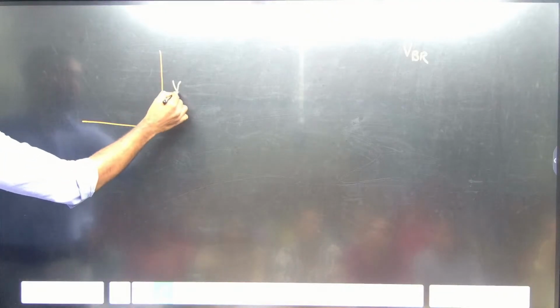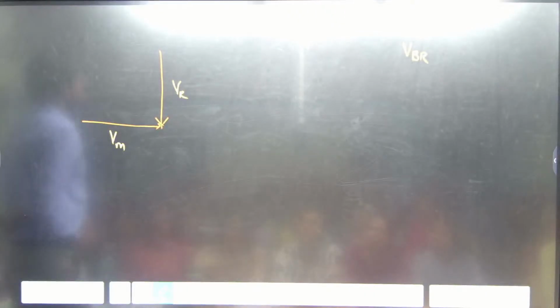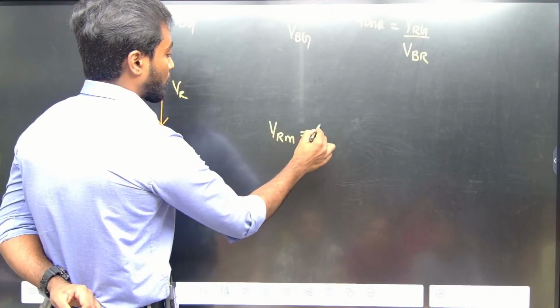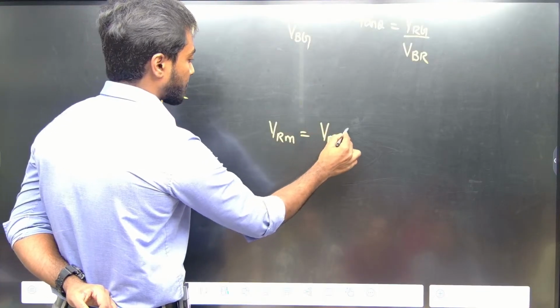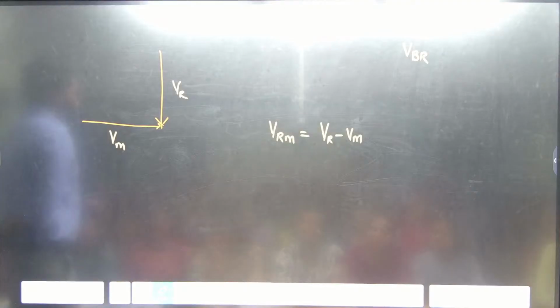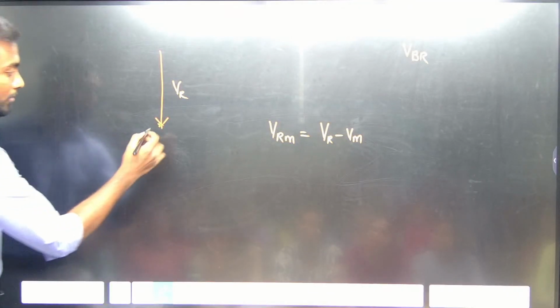This is velocity of the rain, this is velocity of the man. Any doubt here? So velocity of the rain with respect to man will be equal to, what is the formula? VR minus VM. Okay.